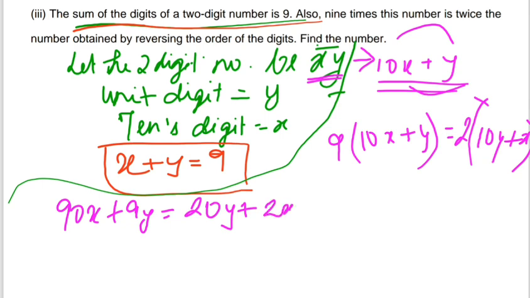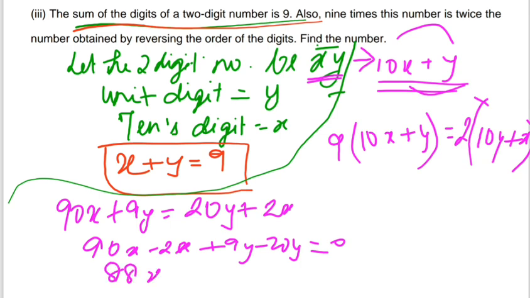So let's take the variables to one side. 90x minus 2x plus 9y minus 20y is equal to 0. So 90x minus 2x is 88x, and 9y minus 20y is minus 11y, equal to 0.